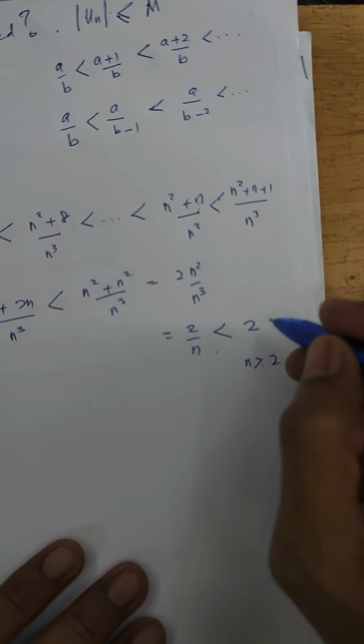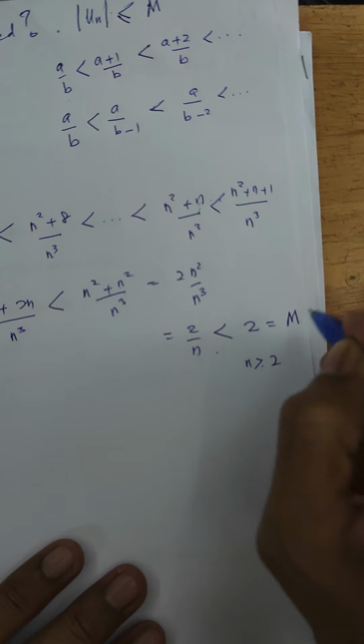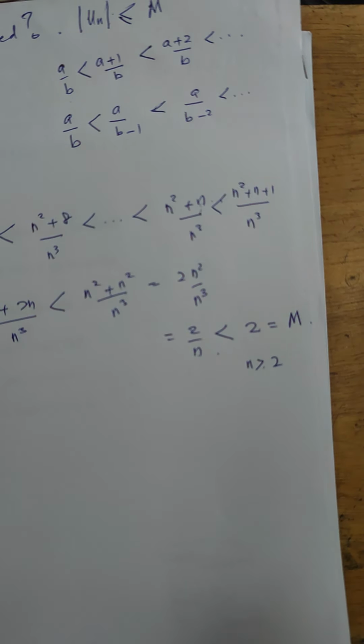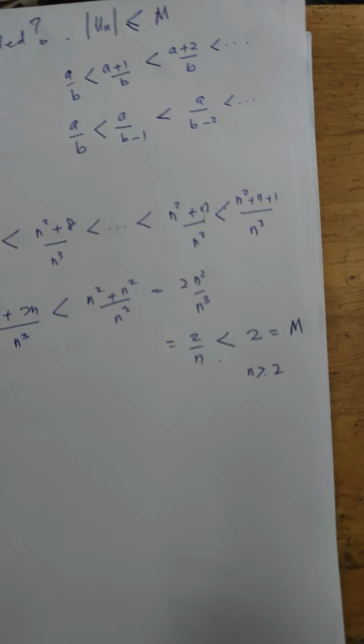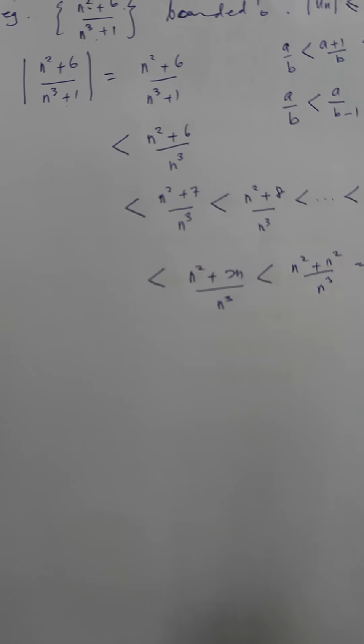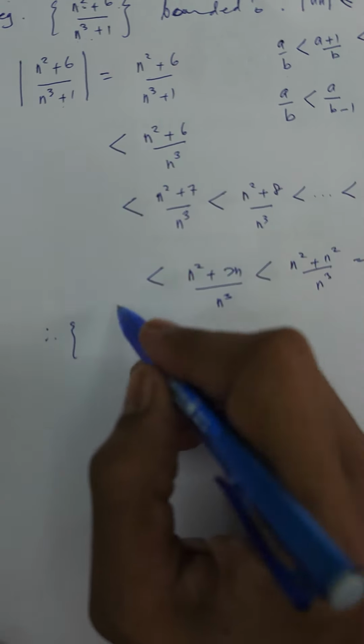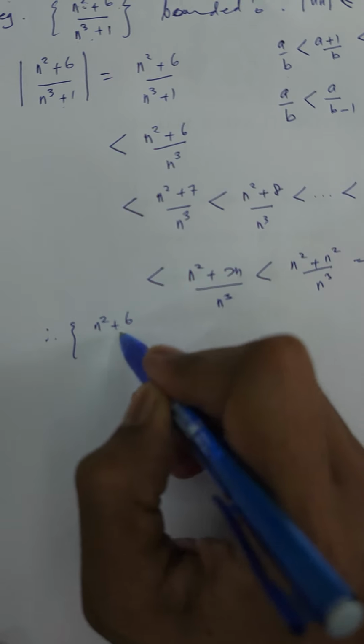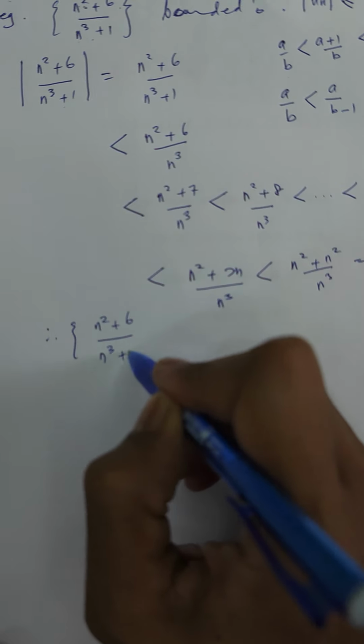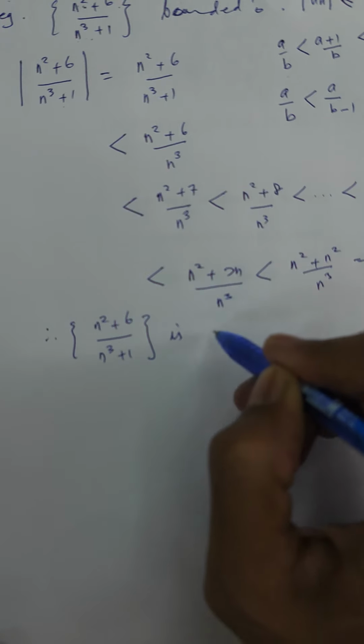So in this case, this is our m. So it's a bounded sequence. Therefore that sequence is bounded.